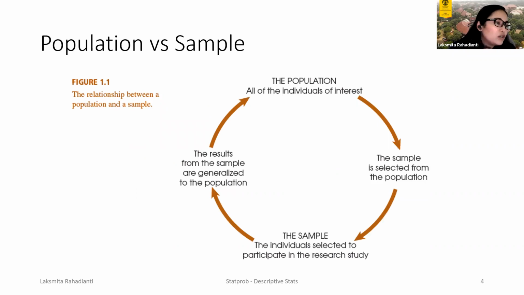So this is practically what we are trying to do. We're trying to study the population, but obviously that is literally impossible. So we take a sample from the population and then we study this sample, whatever measurement we need to study. Is it the height? Is it the GPA and so forth? And we get the results from the sample, which we use to infer something or to generalize it to make it applicable to the entire population.